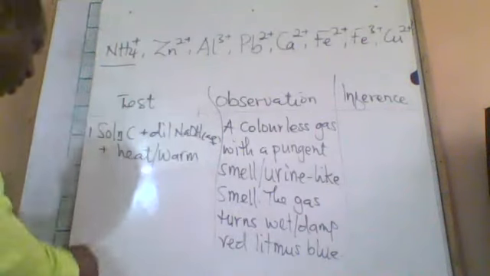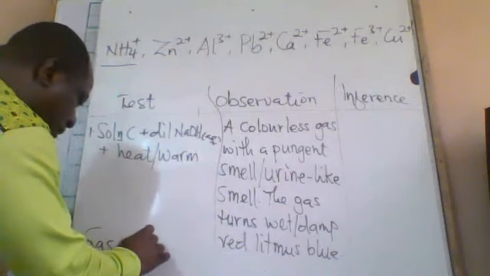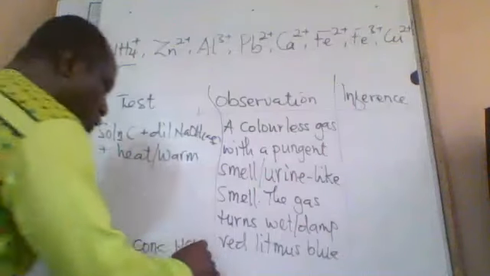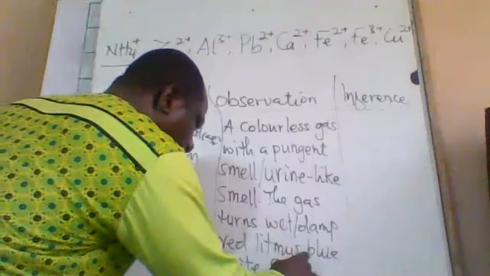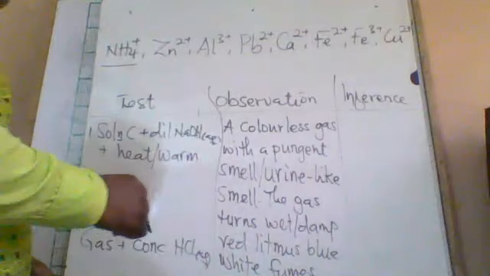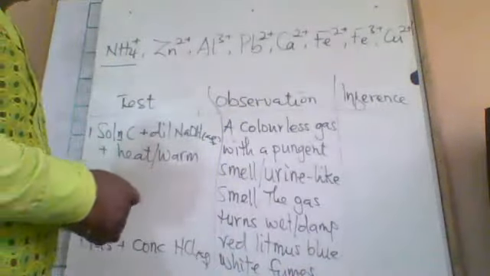Now, the gas plus concentrated HCl will give you white fumes. White fumes will be formed. So under the inference column, we state that the gas is ammonia.